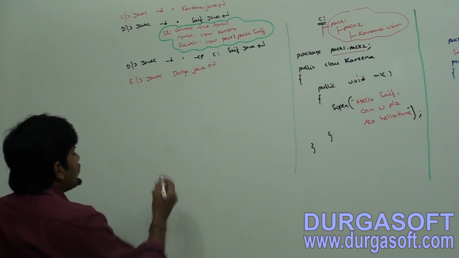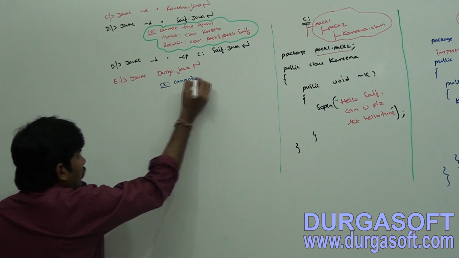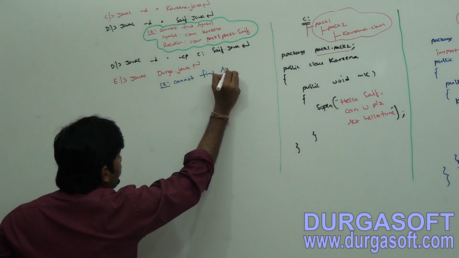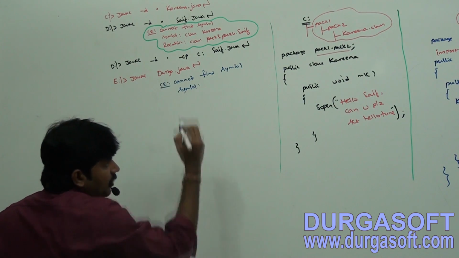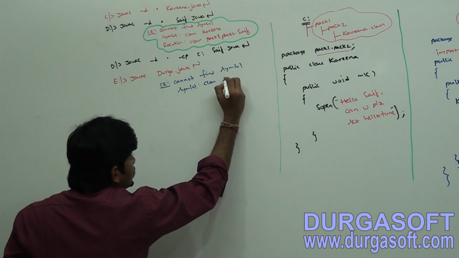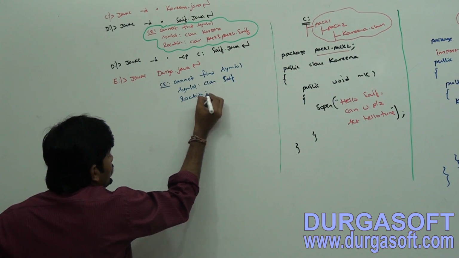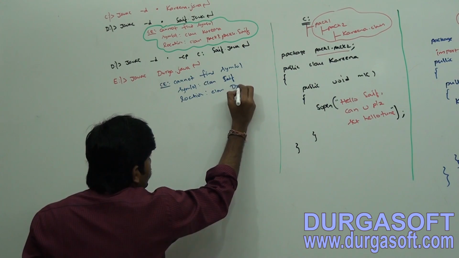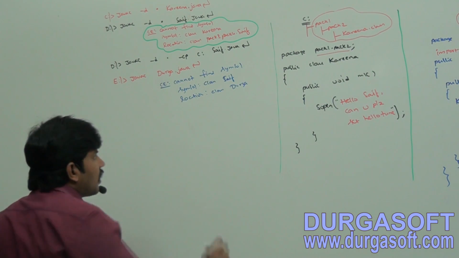Do you know the exact compile time error? Can I spell it out? Cannot find symbol. Which symbol? Class Saif. In which location? Class Durga. Within Durga you are using some class named Saif, which is not there, boss.